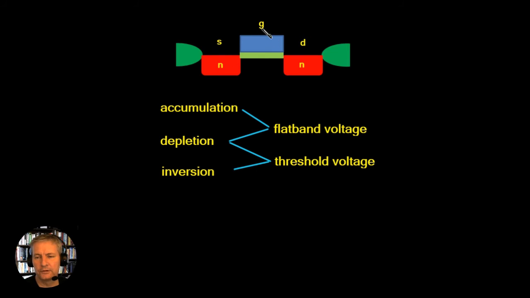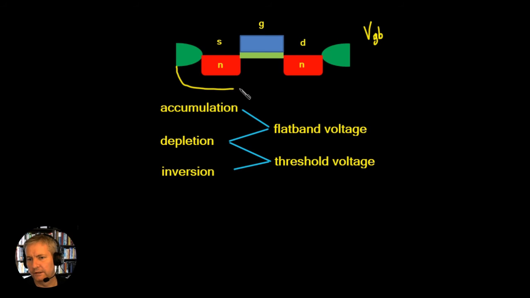Now let's see what happens whenever we change the gate voltage with respect to the bulk. So we could write the voltage VGB, so that's the voltage from gate to bulk, and the bulk is just the substrate here.